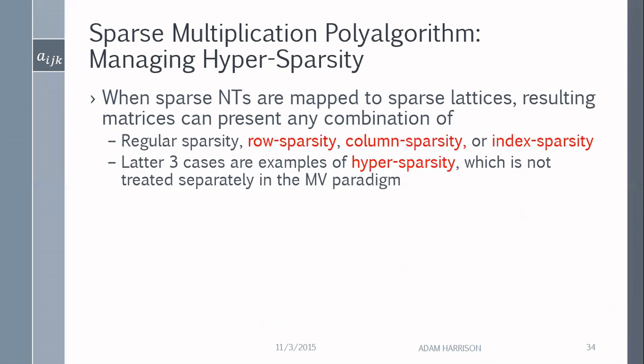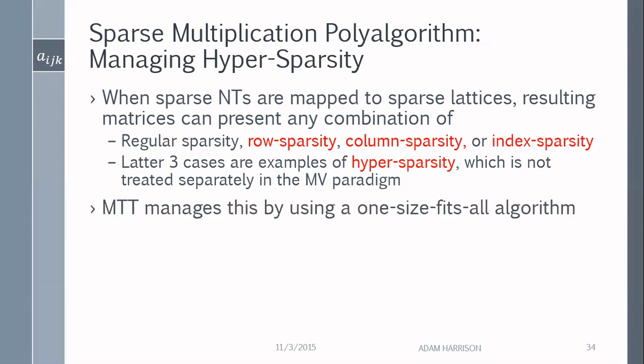We encounter examples of hypersparsity, which manifest in 3 different ways here. Other researchers, for example those who developed the MATLAB Tensor Toolbox, were also aware of advanced levels of sparsity, and they did develop ways to exploit that to have faster computations.